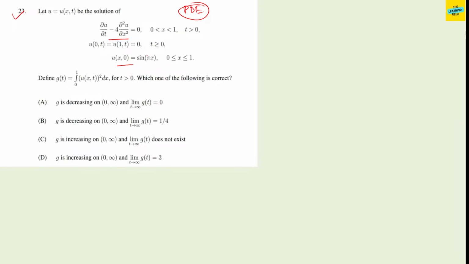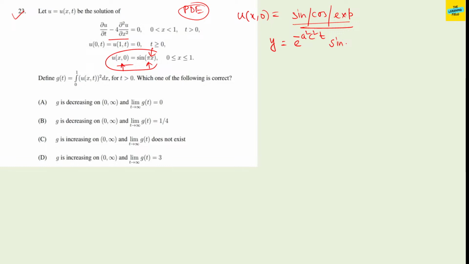Now for these types of problems, if u(x, 0) is given in the paper as a sine, cosine or exponential function, then you must use one shortcut trick: the solution must be of the form e to the power minus a square c square t times the function of x given. So here it is given sine pi x, so we take sine ax.